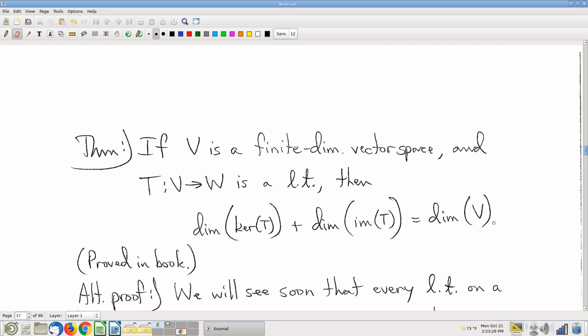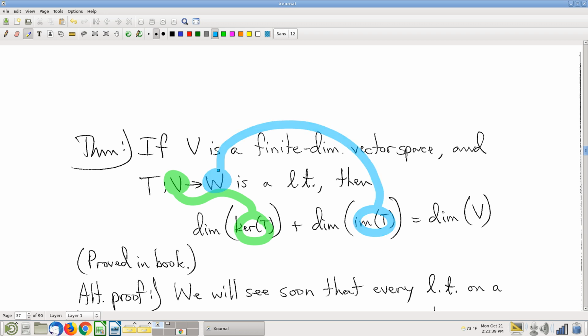Let me remind you, the kernel, after all, lives inside of the domain. The image, again, recall, doesn't. It lives inside of the target. So it's very weird, I think, that these two things, the kernel and the image, that live in completely different places, are nevertheless related in the sense that their dimensions always add up to the same thing. So that's pretty weird. Anyway.